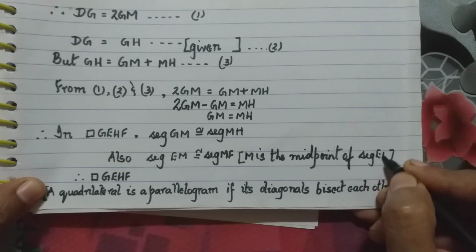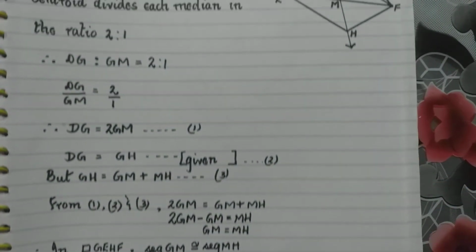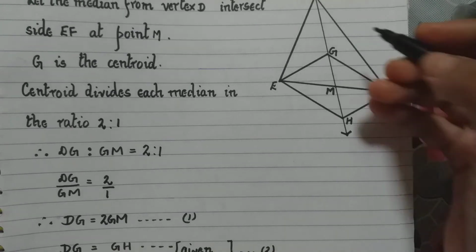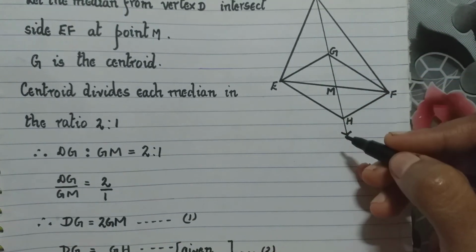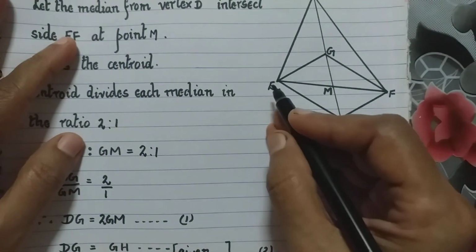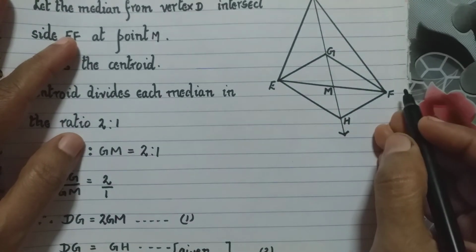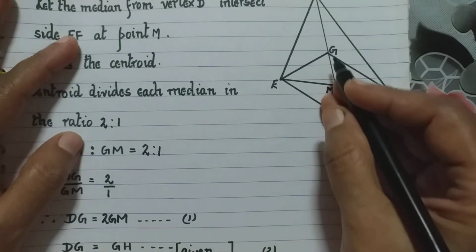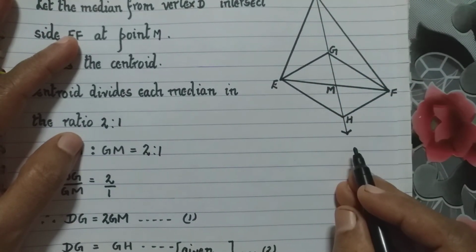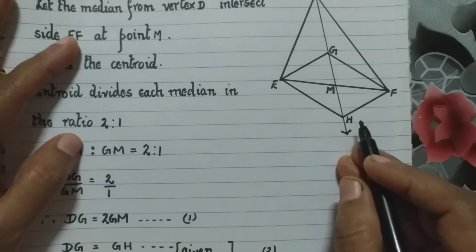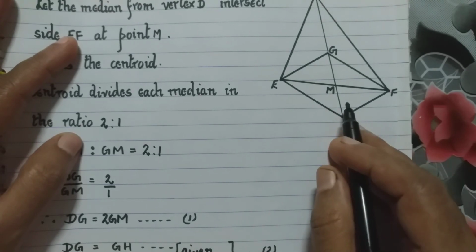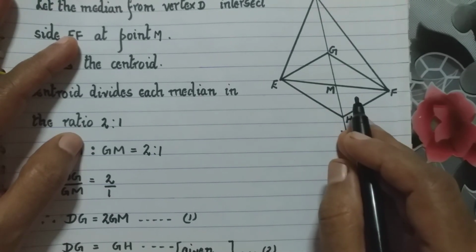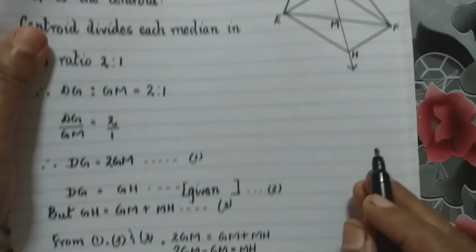So if we have that, look at the figure, segment GM congruent to segment MH and segment EM congruent to segment MF. What is happening actually? It means that the diagonals are bisecting each other, and we know one of the theorems is a quadrilateral is a parallelogram if the diagonals bisect each other.